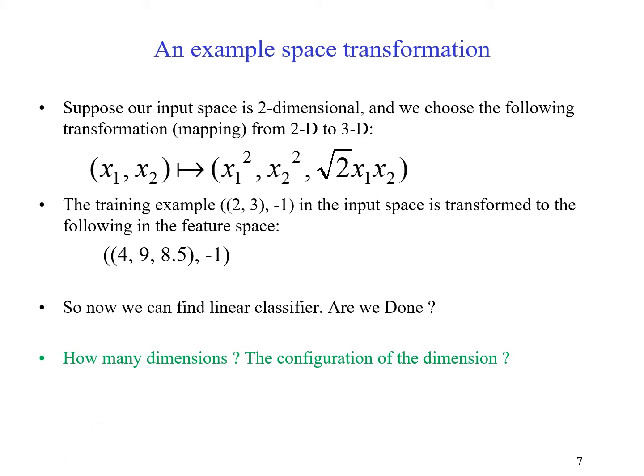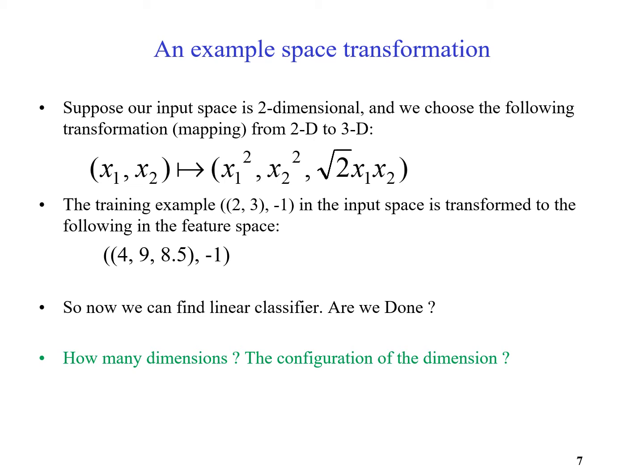So we have seen that in nonlinear SVM, we expand the dimension into higher dimension and find linear classifier in higher dimension, right? And the question is, is there any guarantee that we find linear classifier in higher dimension?